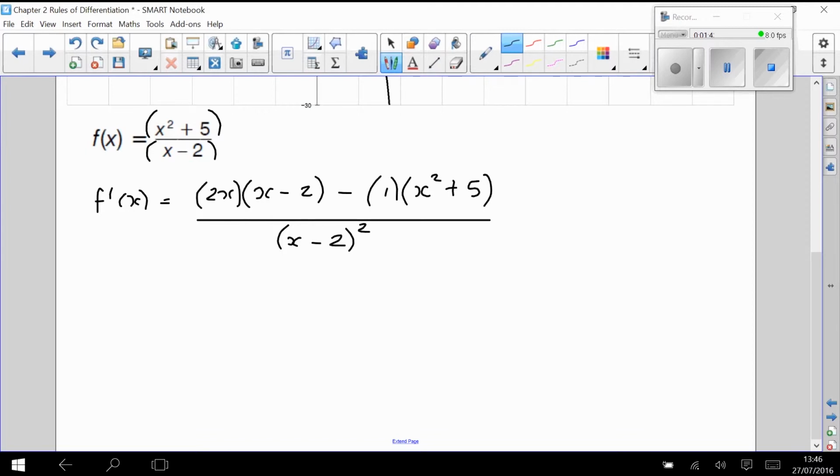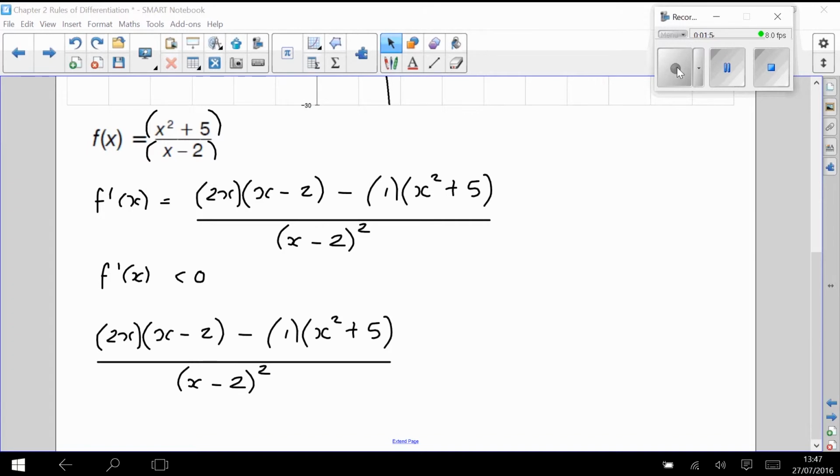Now the question asked, where is my graph going to be decreasing? In other words, where is the derivative going to be less than 0? If I take the answer that I got for the derivative as I have written down here, and I make that less than 0, you can see I've created an inequality for myself.